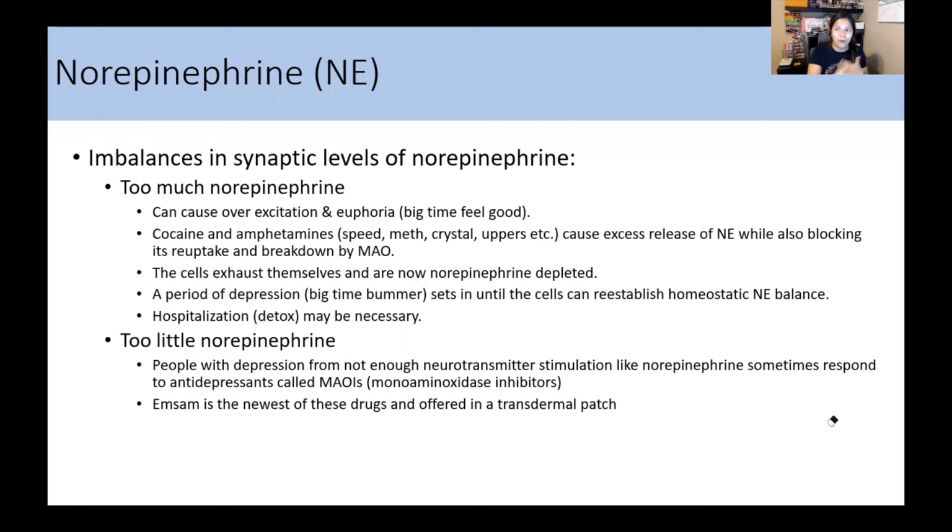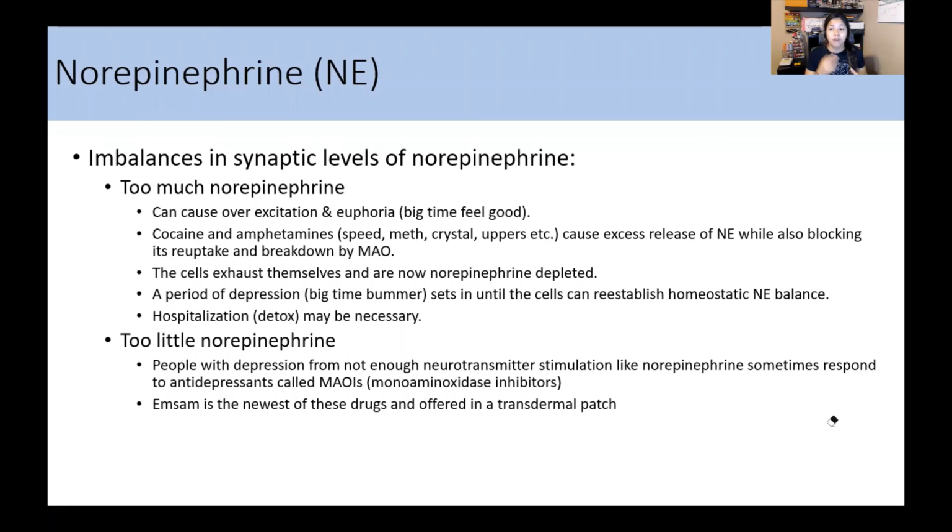So after you had that real nice, good feeling from the drugs or whatever you took, you're going to come crashing down real hard, because you're going to have absolutely no more of that norepinephrine. You're not going to have that neurotransmitter to bring you back. So some people have a period of depression after a long night of partying off of these drugs. And that downtime is going to hold until your body can reestablish that norepinephrine balance.